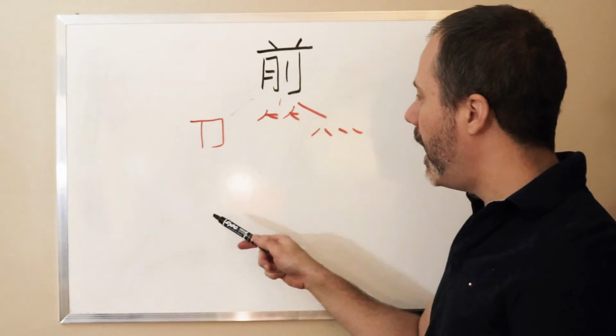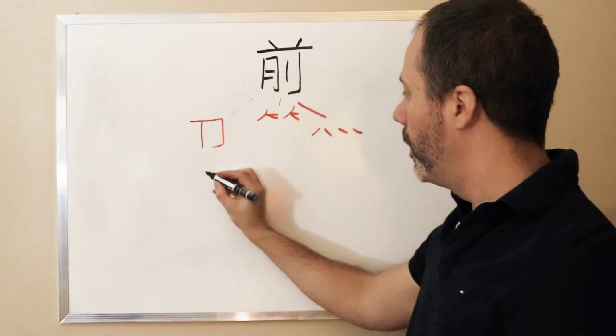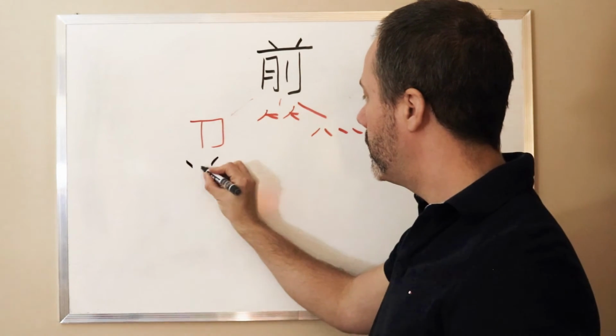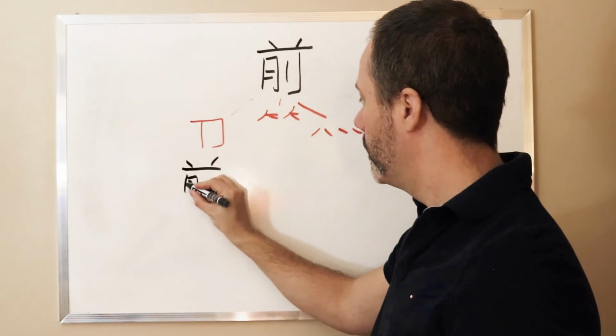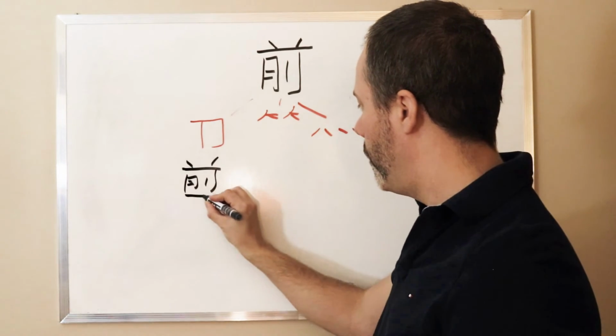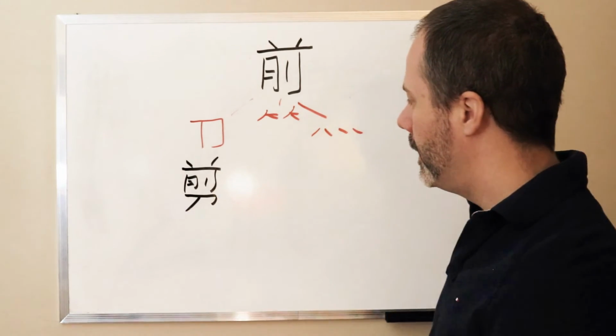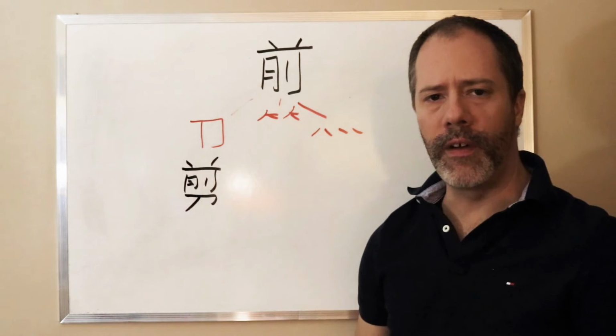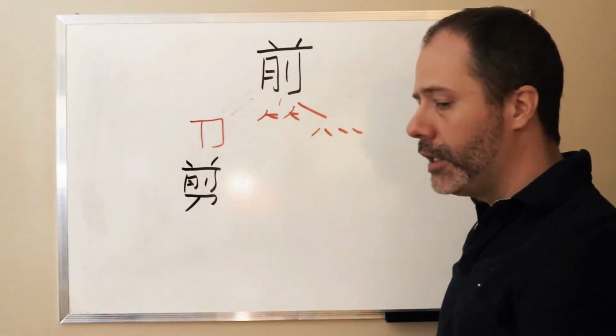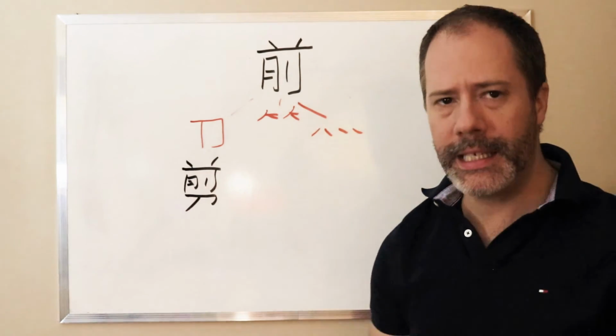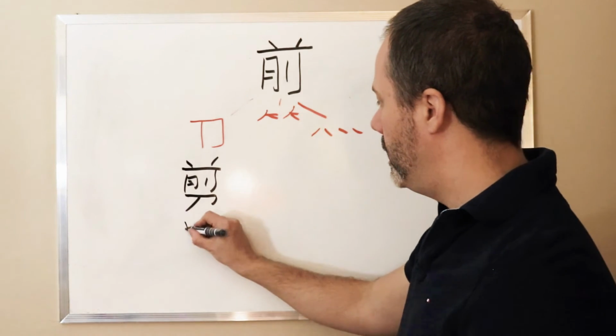If I add the knife at the bottom of this symbol, it becomes this symbol. Not really well written, but I'll survive. And the name of this character is jian.